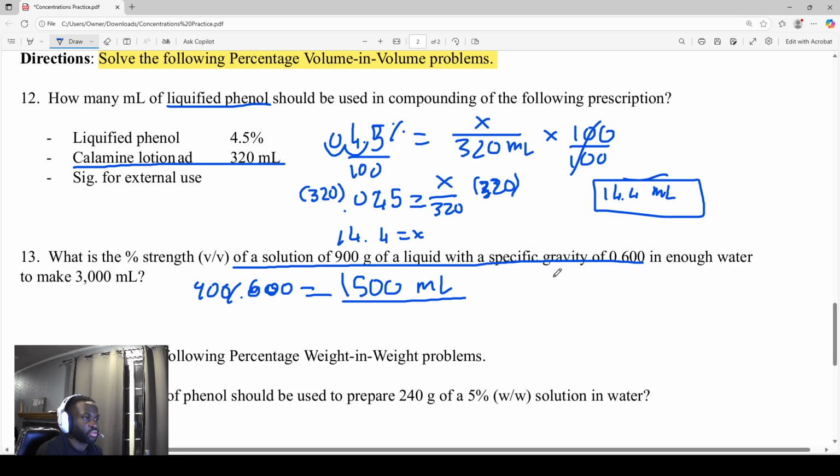Now this value is what we place on top. Times 100. That's going to give us our answer. So you can slap this in there and you'll find that this percentage strength is 50%.